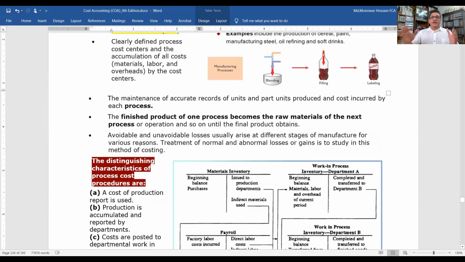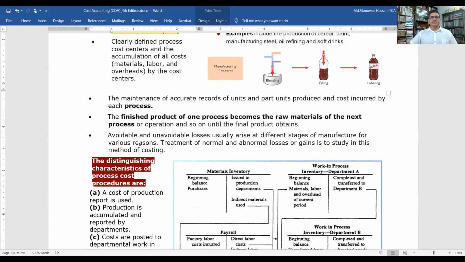It maintains accurate records of units and part units produced and costs incurred by each process. The finished product of one process becomes the raw material of the next process or operation, and so on until the finished product is obtained.